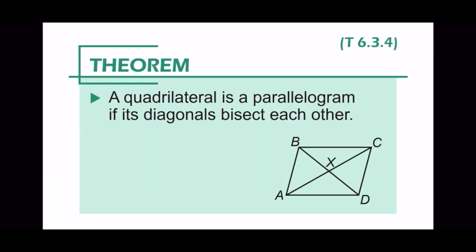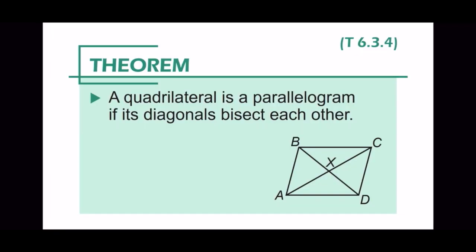We still have one more way to show that a quadrilateral is a parallelogram, and it is the final theorem listed on page 263. This one says that a quadrilateral is a parallelogram if its diagonals bisect each other. This also sounds a lot like a converse of a theorem from the previous section. Now, the proof of this one is also buried back in the exercises. We're going to start it together, but I'm going to ask you to finish it as part of your assignment.